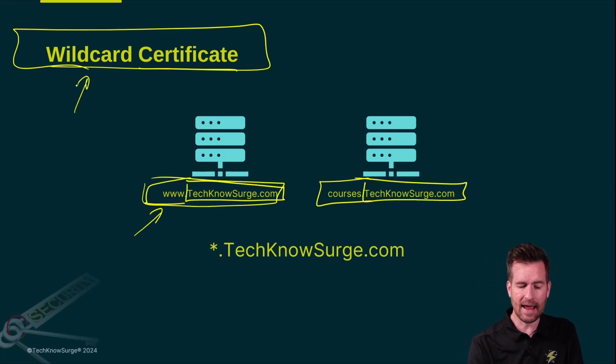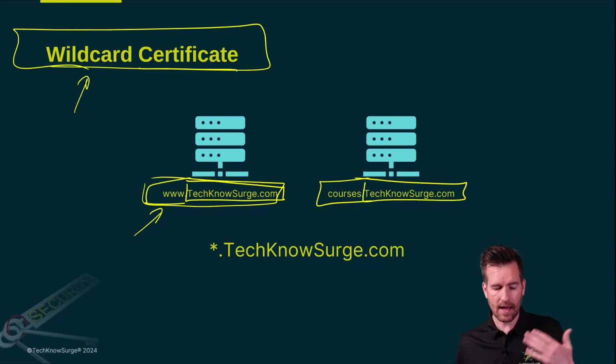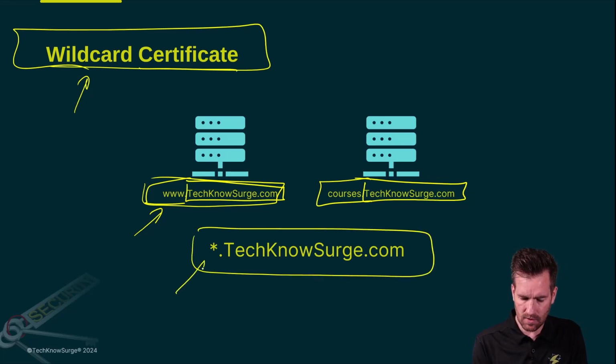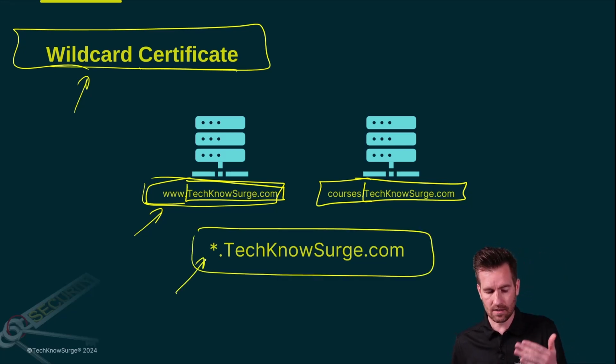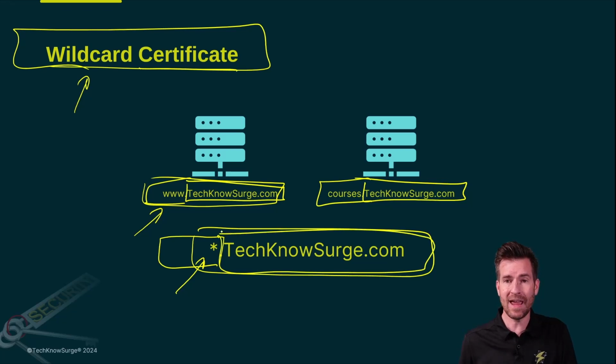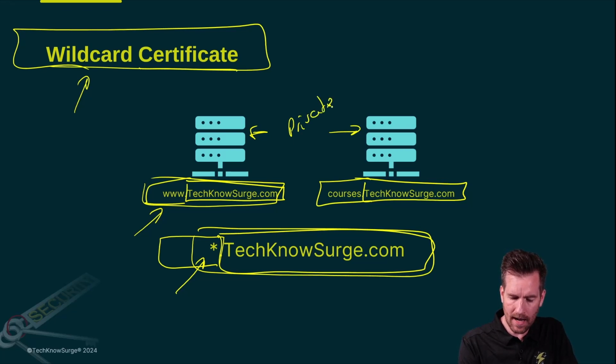Unless I created a wildcard certificate. I could submit a CSR for a wildcard certificate, in which case it has this little asterisk at the beginning. So it's asterisk.technosurge.com. That says that anything that's hosted through the technosurge.com domain, I can use this certificate for. What I'd have to do is on each of these services, I'd have to use the same private key, because there's only going to be one public key that's associated with the certificate.